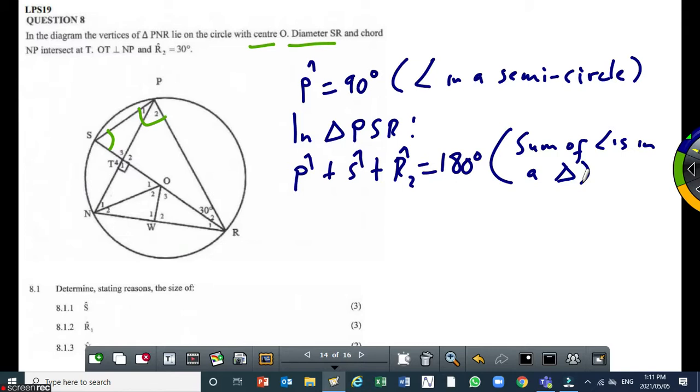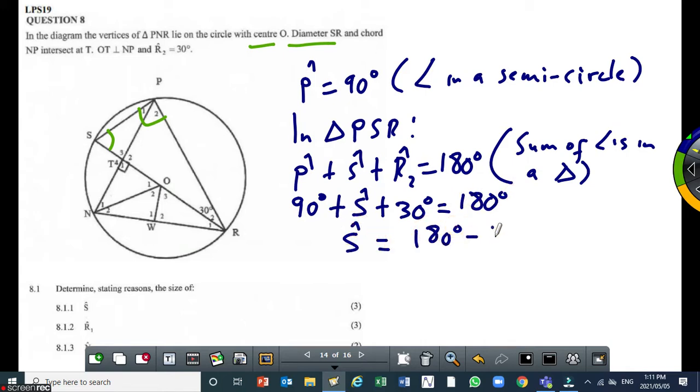So angle P is 90 plus angle S, that's unknown, and angle R2, that's 30 degrees. So my angle S is going to be 180 degrees minus 120, and that will give me 60 degrees. Alright? And then we are done.